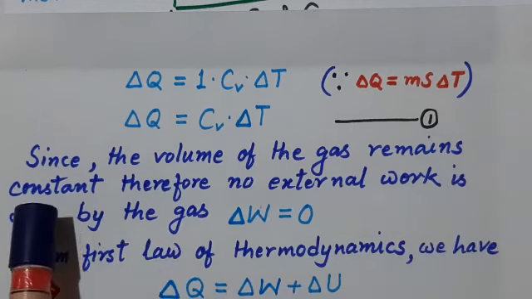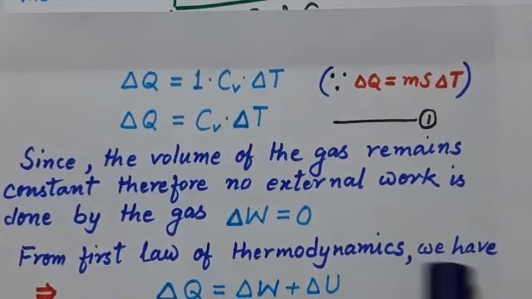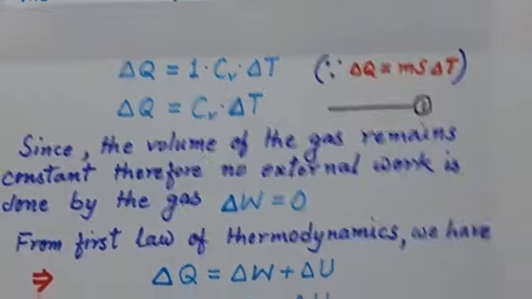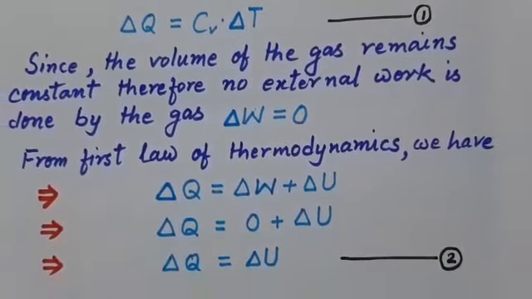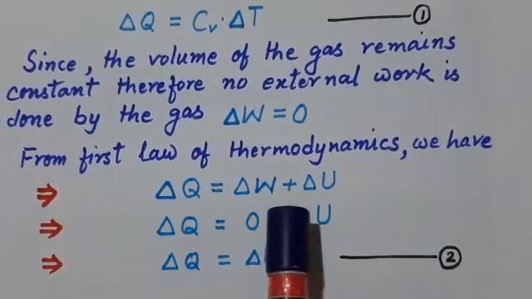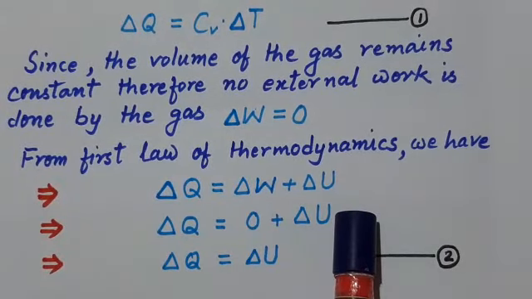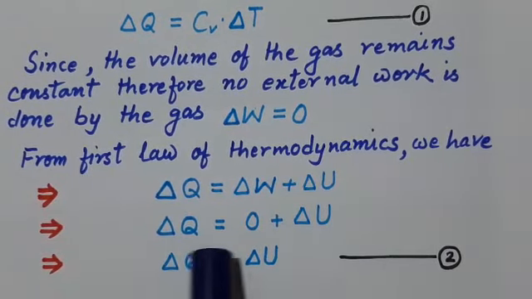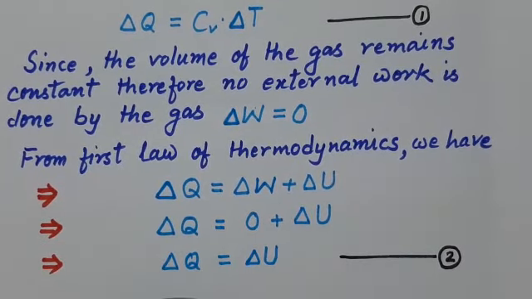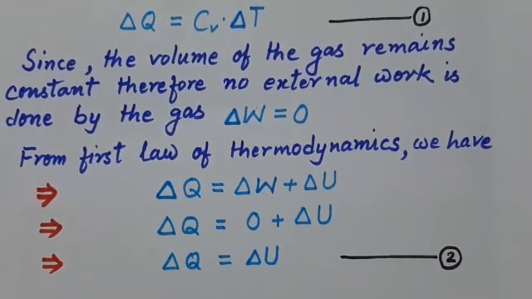If volume is constant, then no external work, so delta W equal to 0. By the first law of thermodynamics, delta Q equal to delta W plus delta U. Delta Q equal to delta W, which is 0, plus delta U. It means delta Q equal to delta U.